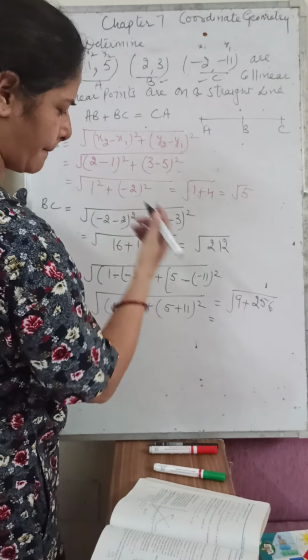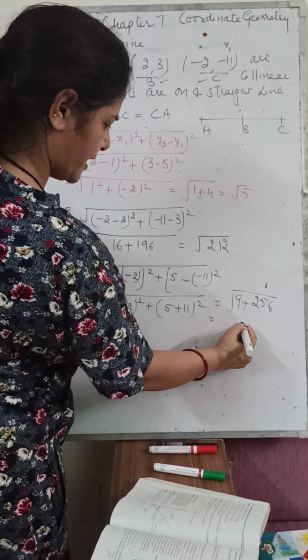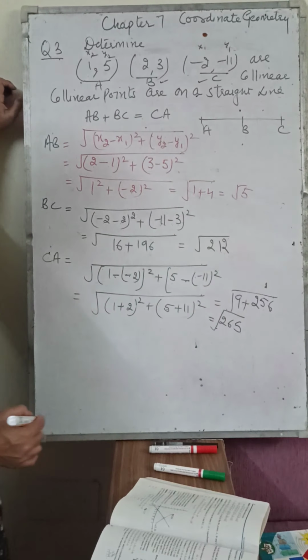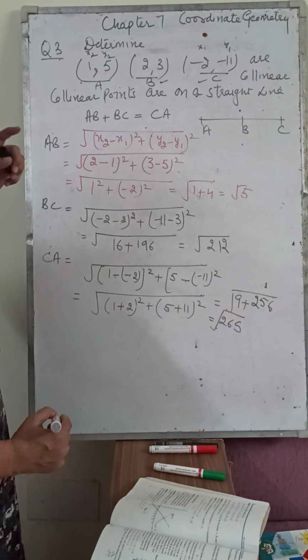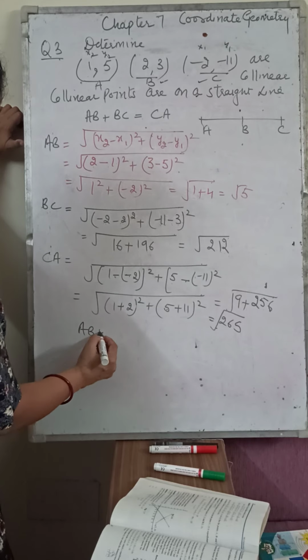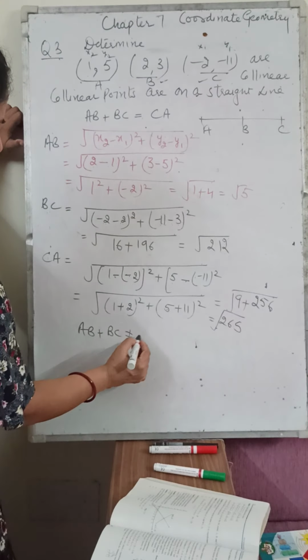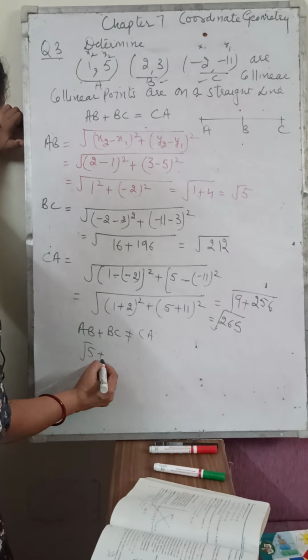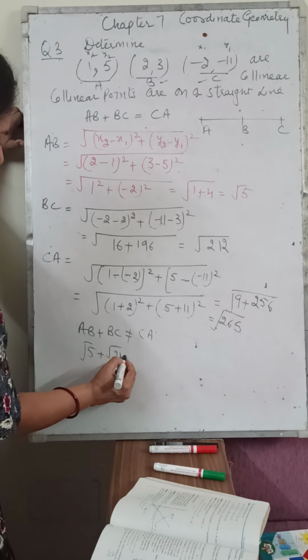256 plus 9 is 265, root 265. Look at here, AB plus BC is not equal to CA. AB is root 5, BC is root 212.